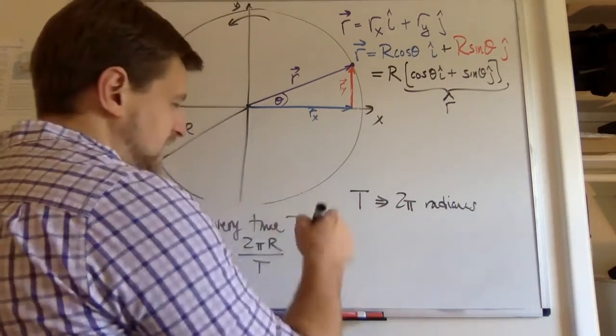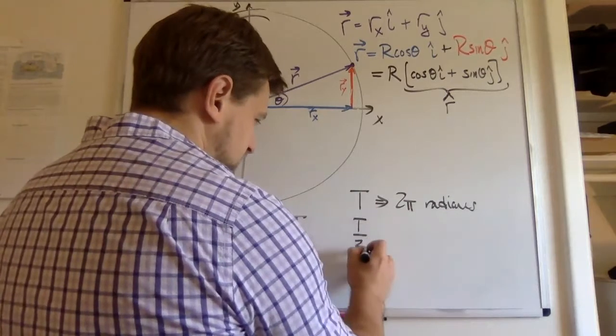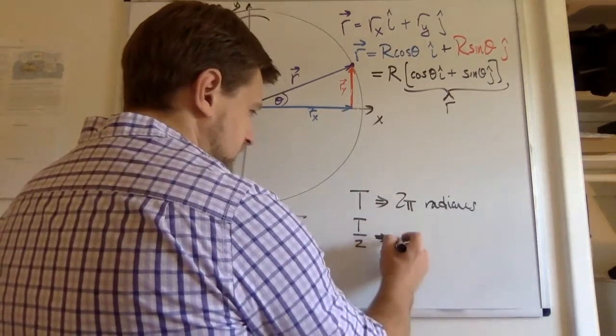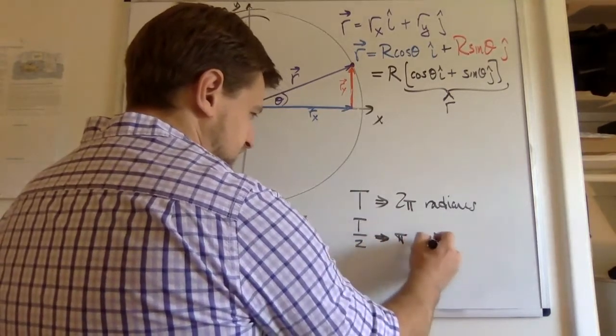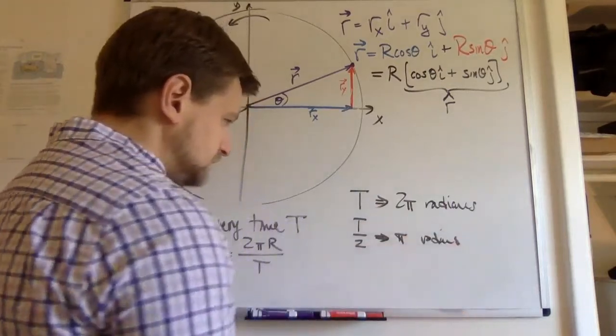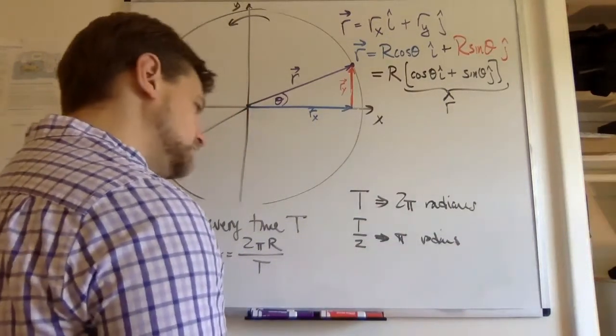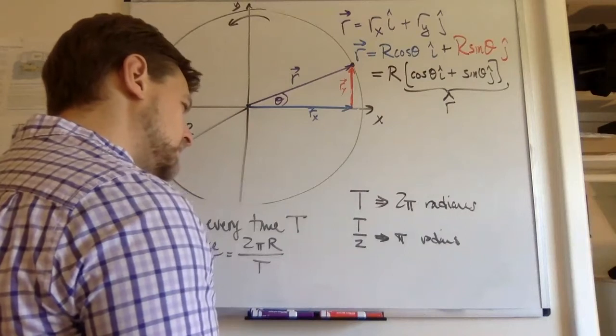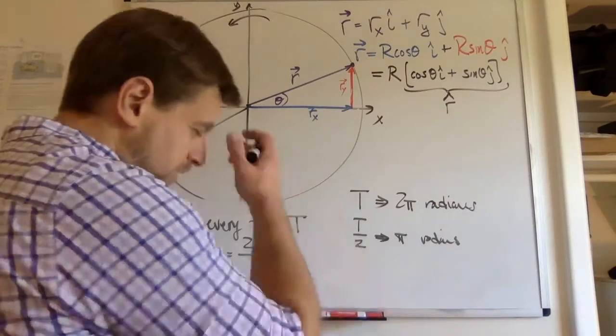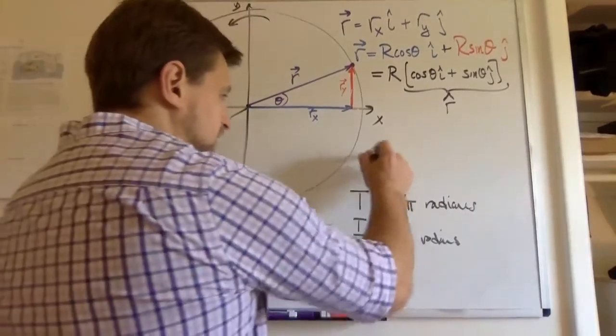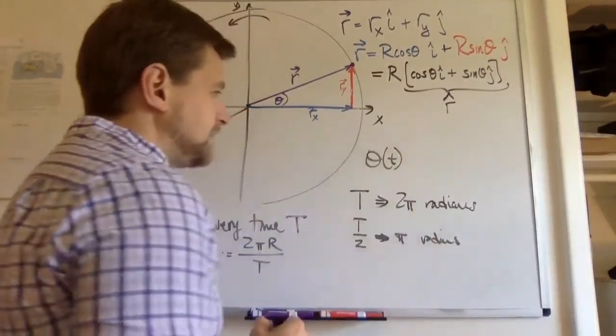In an amount of time, T over 2, we travel pi radians. What I'm looking for is theta as a function of time.